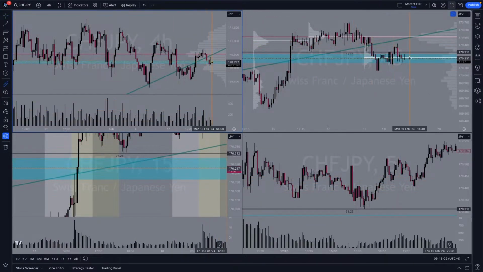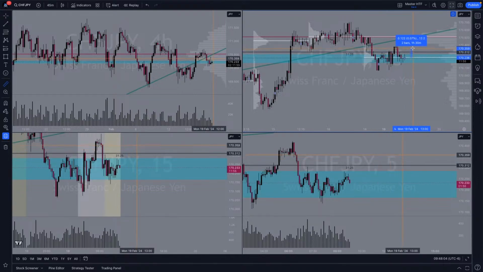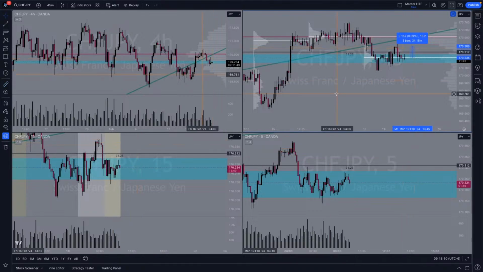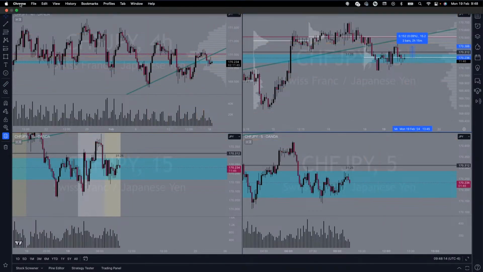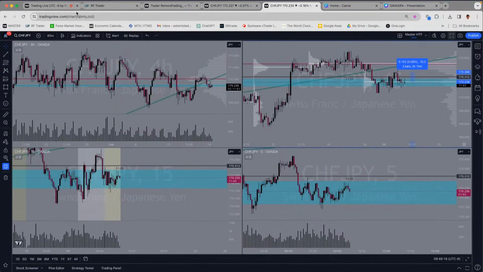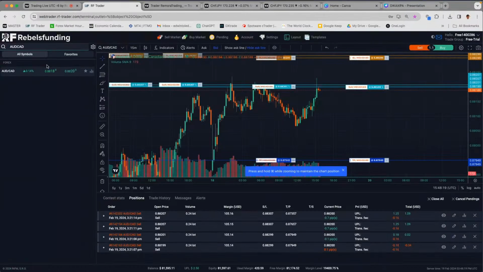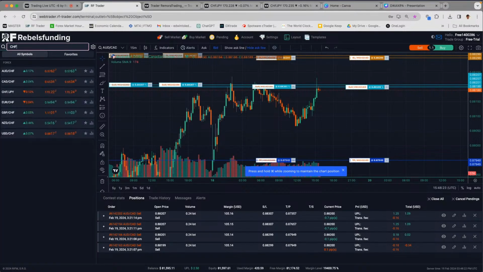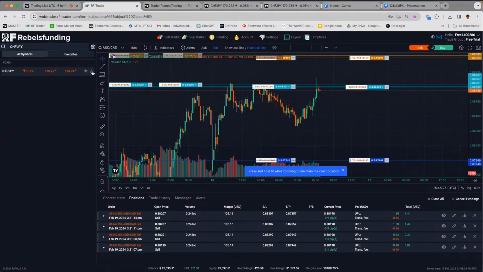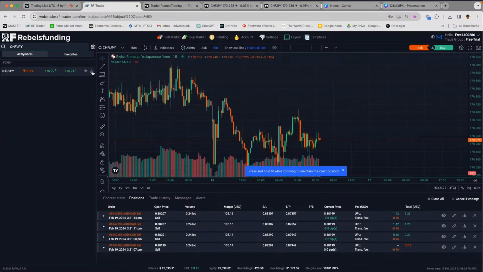Let's sell CHF Gen with this one. We're gonna have to do just like 15 pips stop loss. CHF Gen. Why do I keep saying CatCHF? Sell CHF Gen. Okay, yeah, I got it. You're selling CHF Gen.